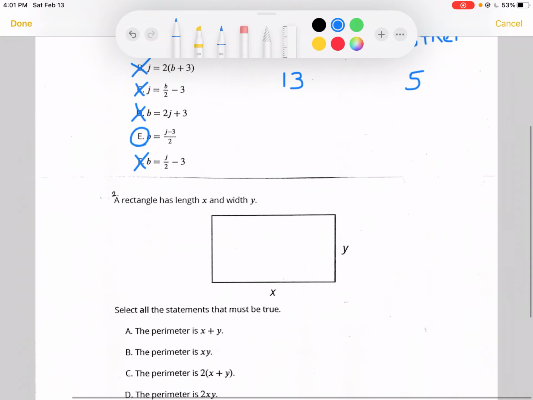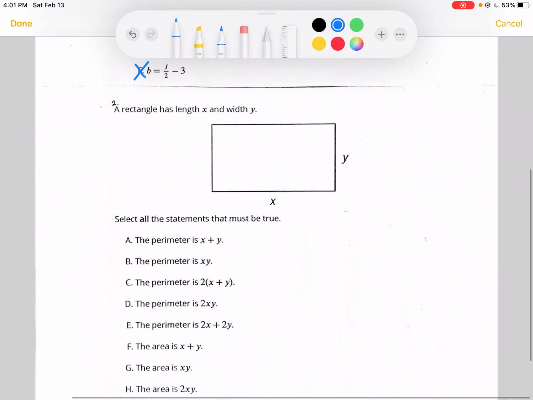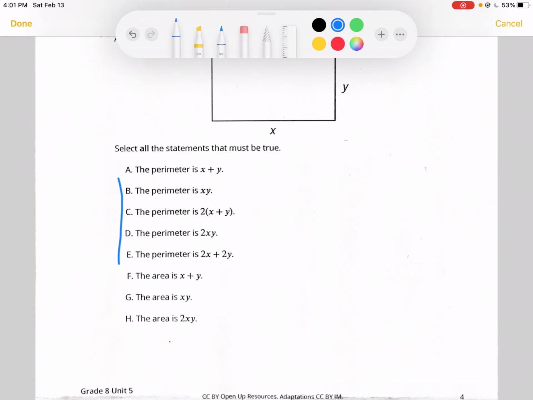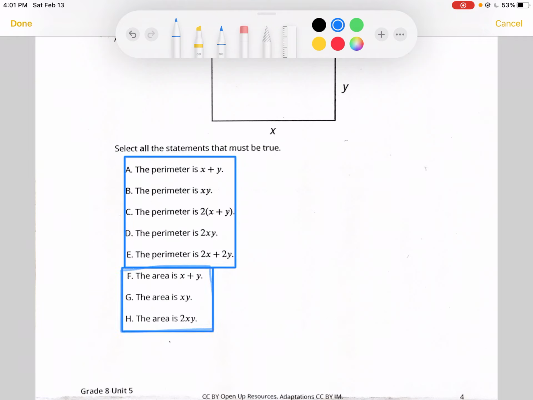If I go on to number 2, we have a rectangle. It describes its length as x and its width as y. We're supposed to select all the statements that must be true. Then it starts talking about perimeter, and then separately talks about area.